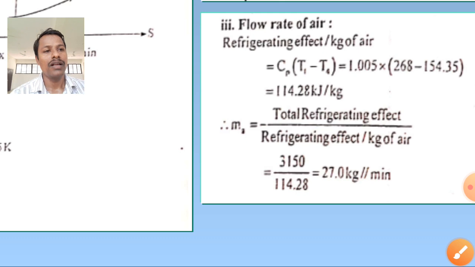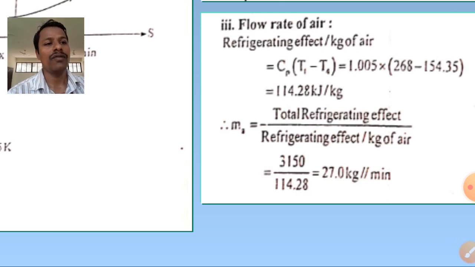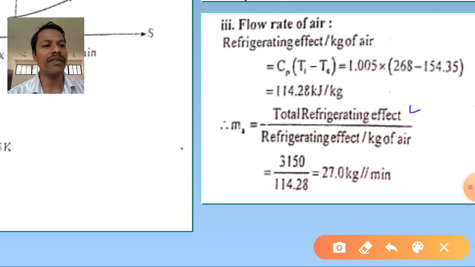So I can substitute the values in kilojoule per minute. The total refrigeration effect is given as 3150 kilojoule per minute, and the refrigeration effect per kg of air is 114.28 kilojoule per kg of air.